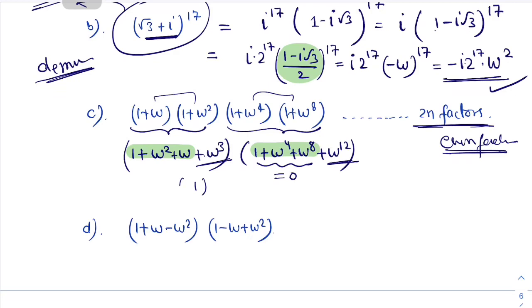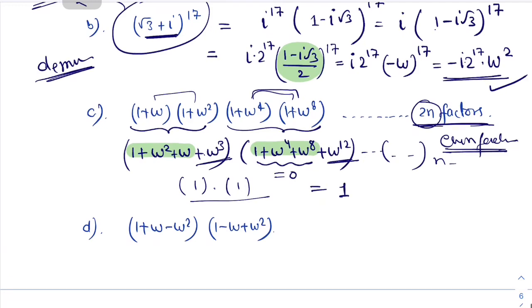Omega cube is equal to 1, omega to the power 12 is also 1. So if there are 2n factors and we combine two factors at a time, we are going to get n brackets, and all those brackets are equal to 1. So 1 multiplied n times effectively gives us 1 only.